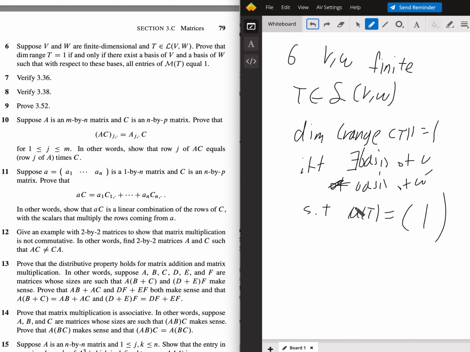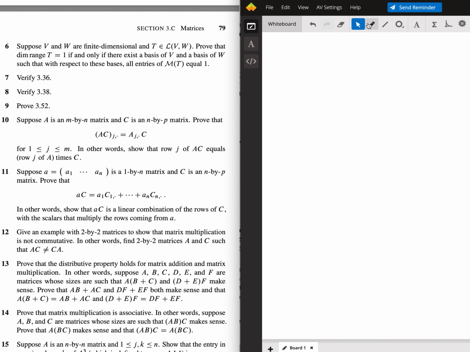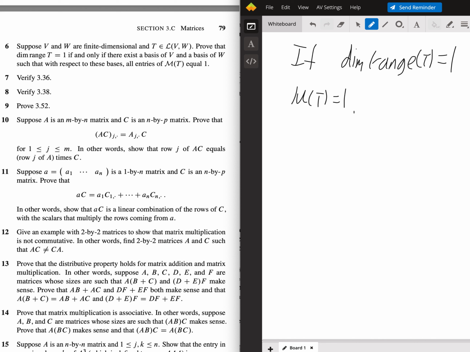And then what you have here is, you want to show it this way and then that way, probably. So we'll go the first way, from left to right first. So we'll say that if the dimension of range T is equal to 1, then all entries in the matrix are equal to 1.